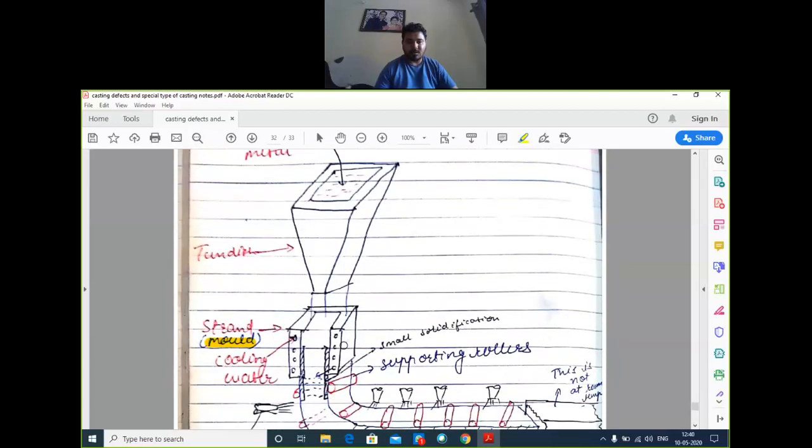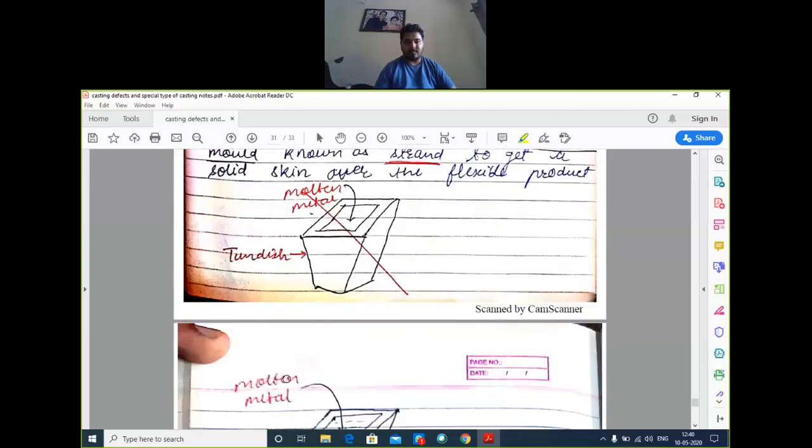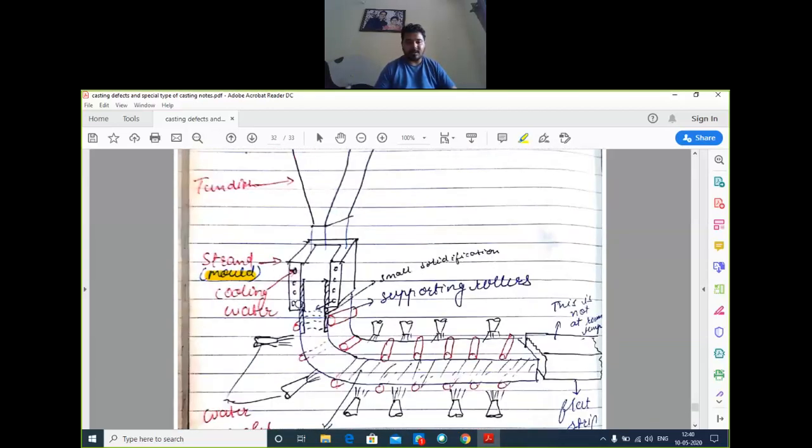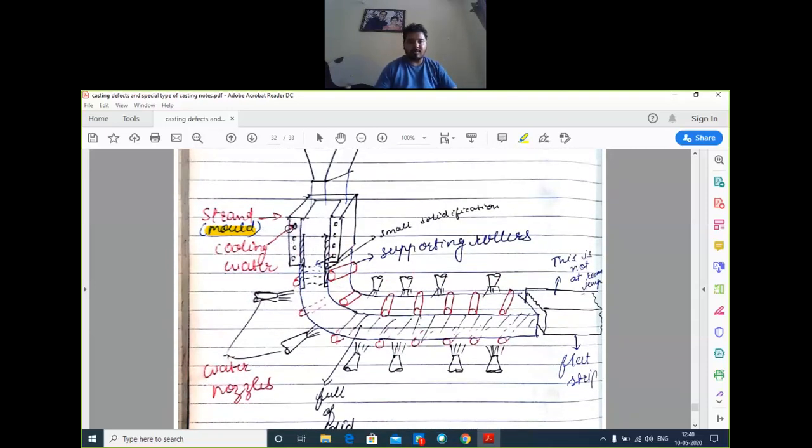Now I'm going to discuss the process of casting. This strand is double walled and water cooled, and the material is copper. The strand is made of copper, and there are supporting rollers, and water nozzles are fitted for solidifying the products.